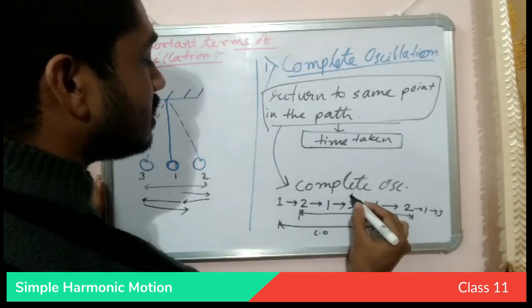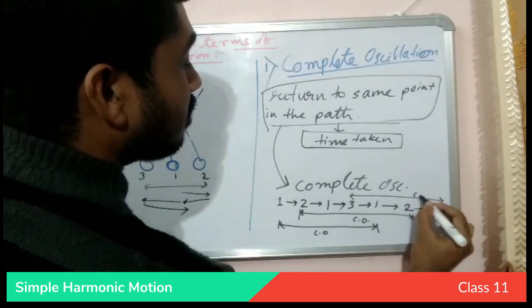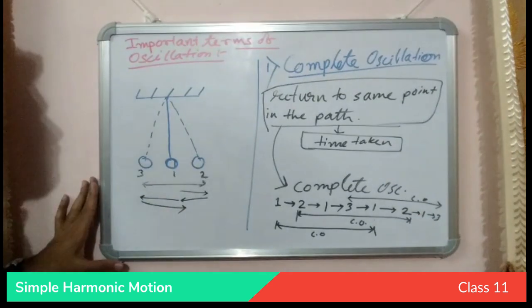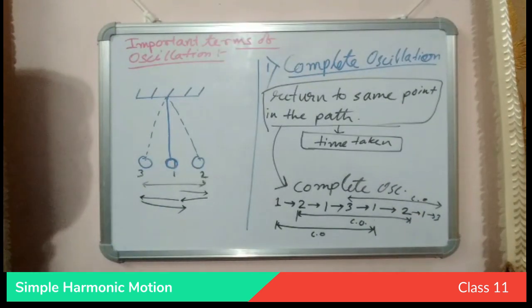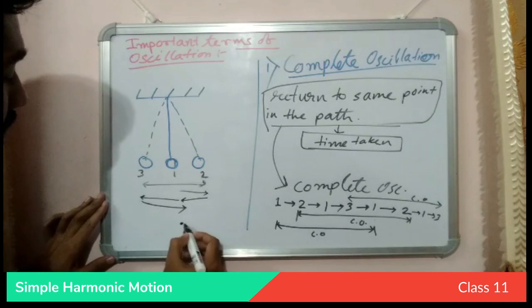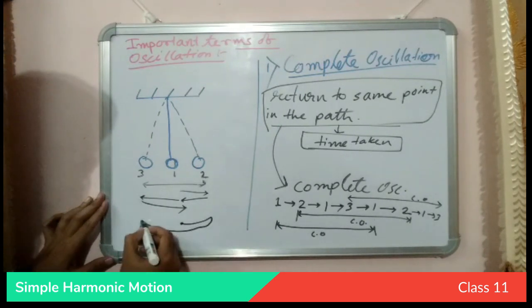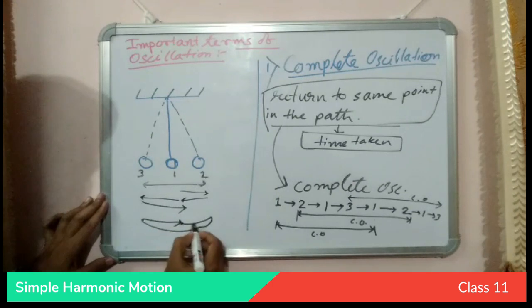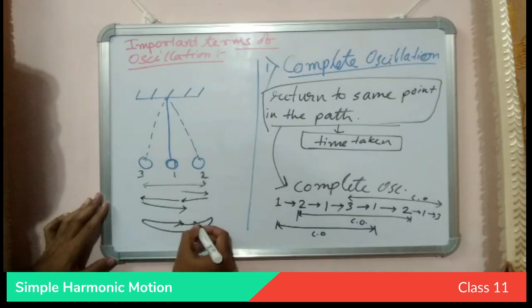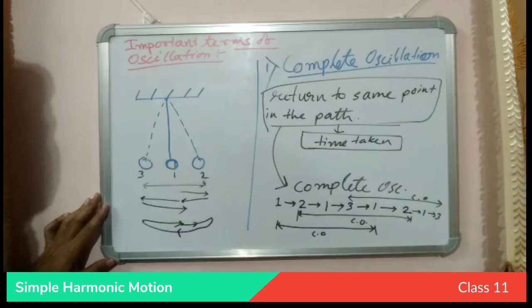So from this 3 to this 3, it is a complete oscillation. So going like this and returning, this is our complete oscillation. Okay.